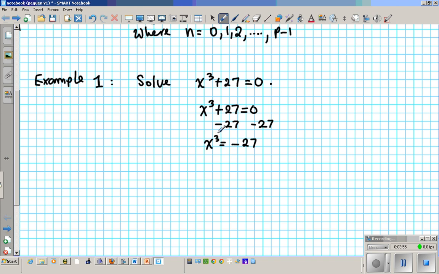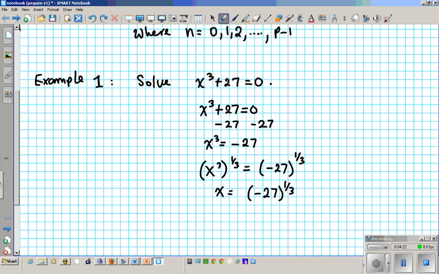So I raise both sides to the 1/3 power. x to the third raised to the 1/3 power on the left side, and negative 27 also raised to the 1/3 power. So it's going to be x equals negative 27 to the 1/3.